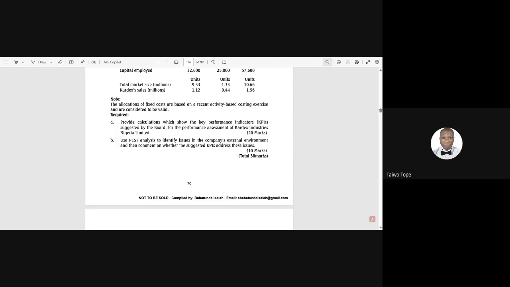So when we talk about PEST analysis, it is a strategic management tool used to identify and evaluate the external macro environmental factors that can affect an organization in terms of its performance and its decision making. It helps a business to understand the broad, uncontrollable forces outside their operations.